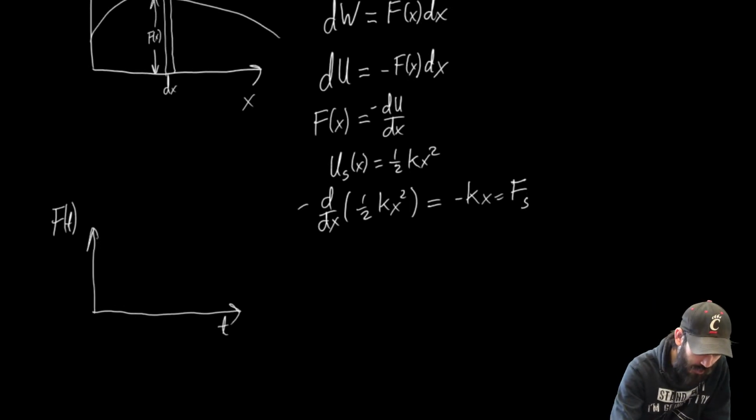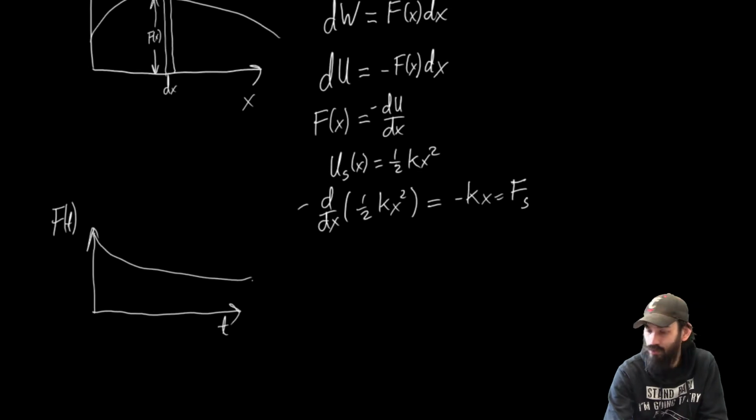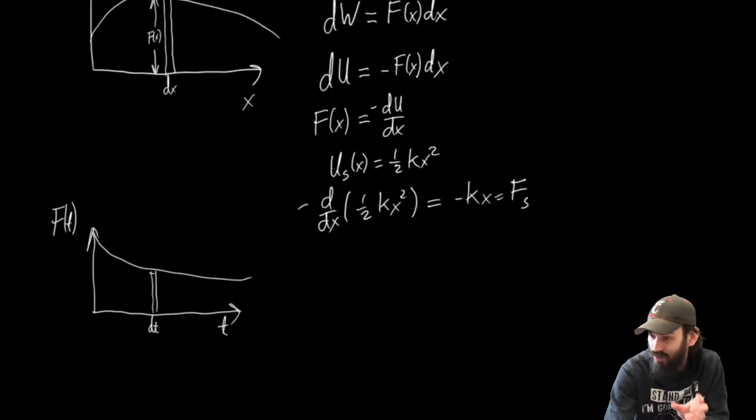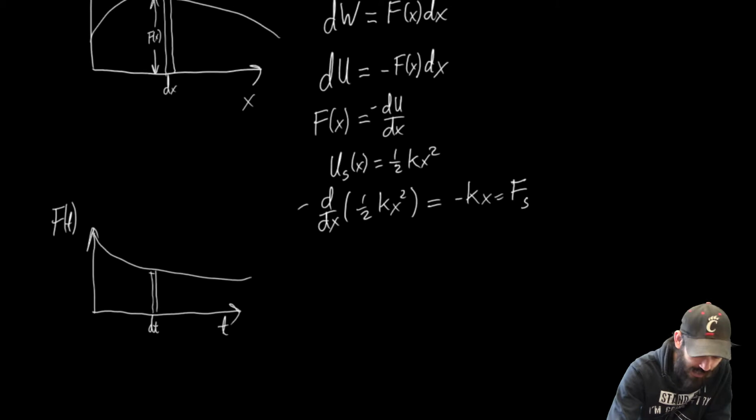So let's draw another curve here just to denote that these are different. We can have the same idea where we have some tiny little interval dt instead of dx, because we're along the t-axis, and some height f of t.